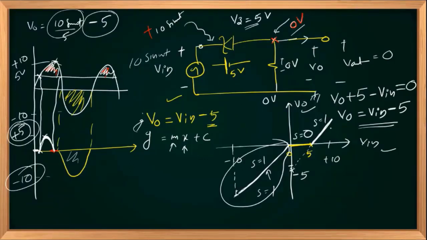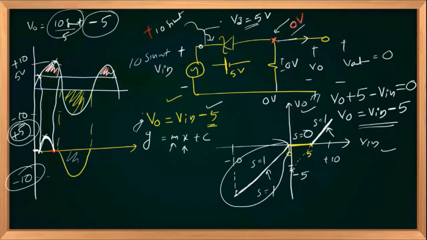The third one has a slope of 1 and never passes through the origin. It has a y-intercept of minus 1. So that is the transfer characteristics, input and output waveform.